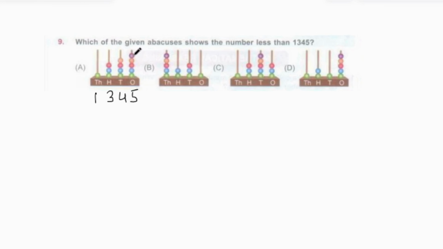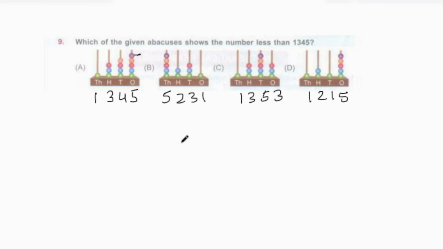Since there is a purple in the 5, we know that this is going to be 5. This is going to be 2, this is going to be 3 and 1. Now you have 1. At the hundreds place you have 2, and then at the tens place you have 1, and then at the ones place you have 5.